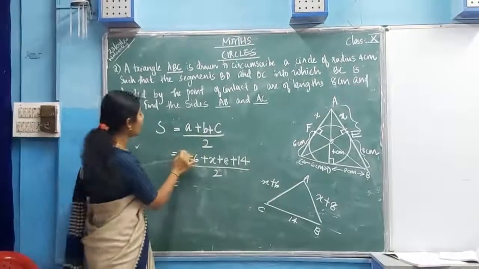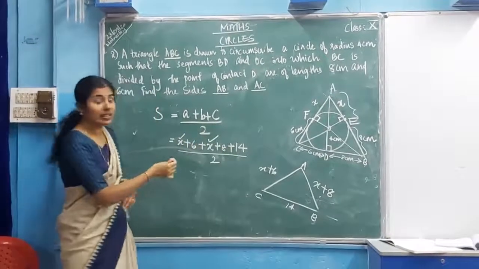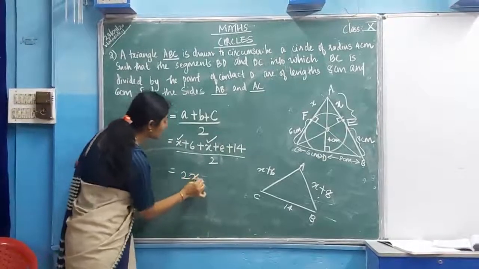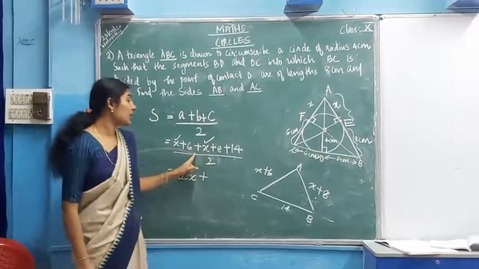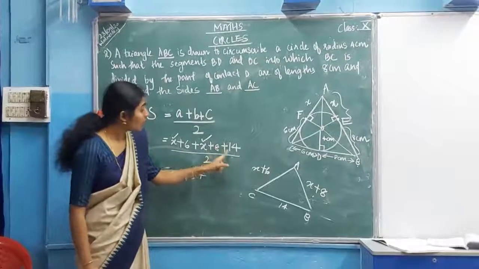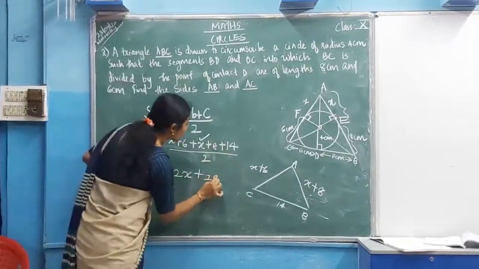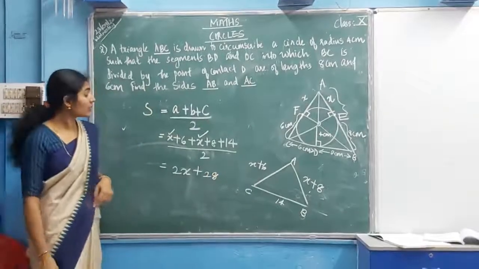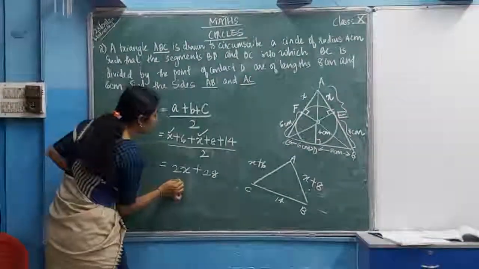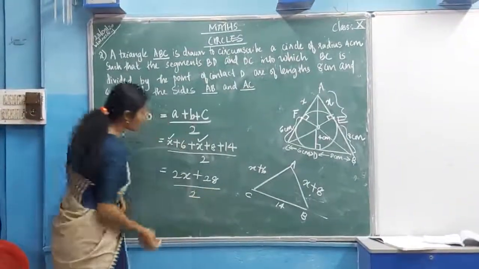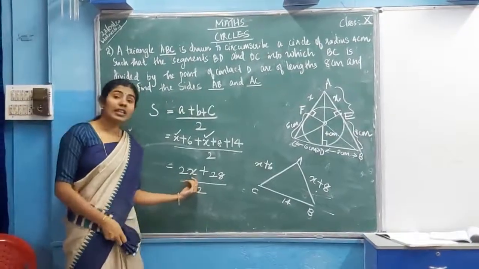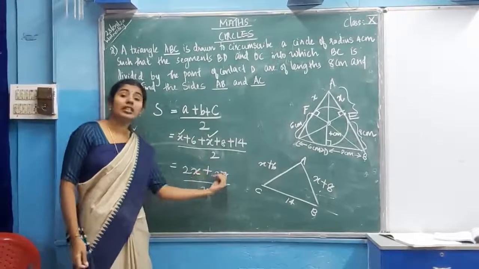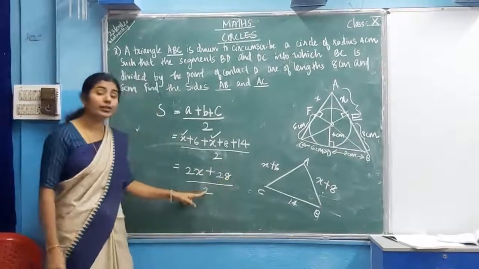Now here you see, what is x plus x? That is 2x. What is 6 plus 8? 6 plus 8 is 14. 14 plus 14 is 28, divided by 2. Now each term in this numerator we can divide by 2.